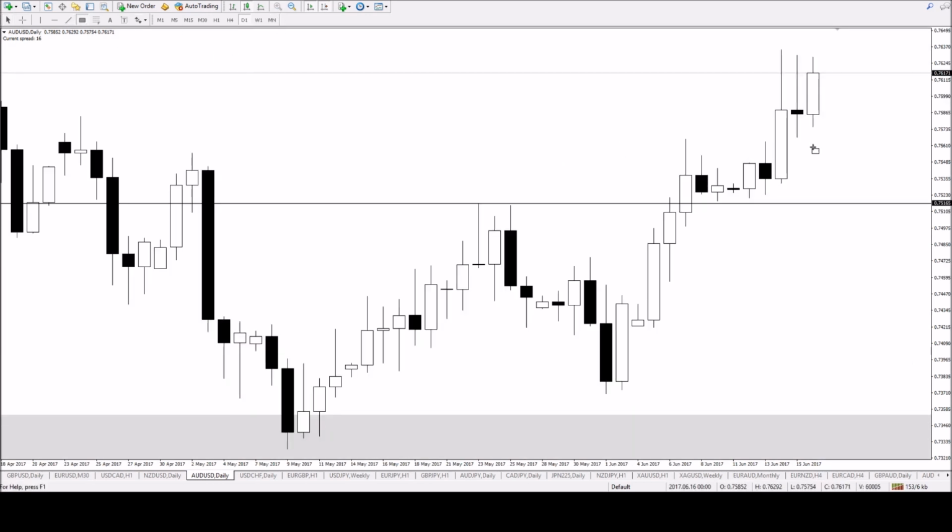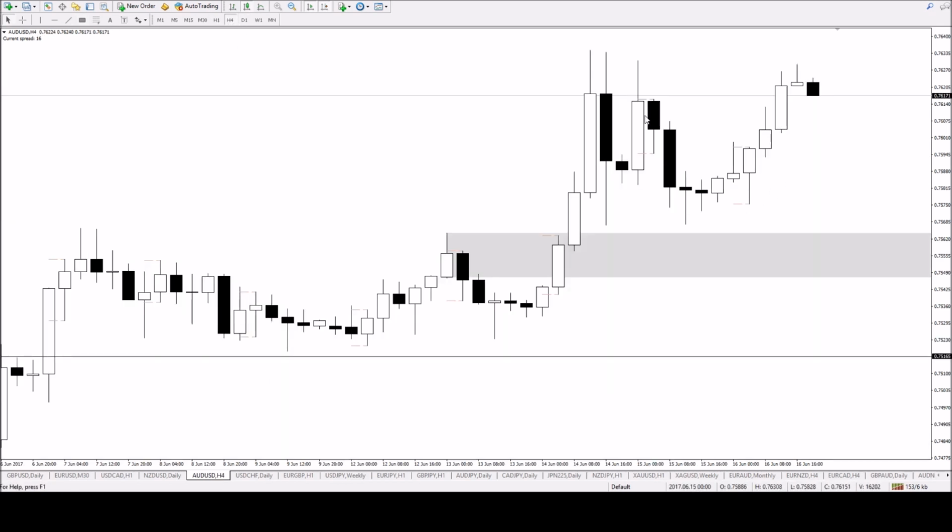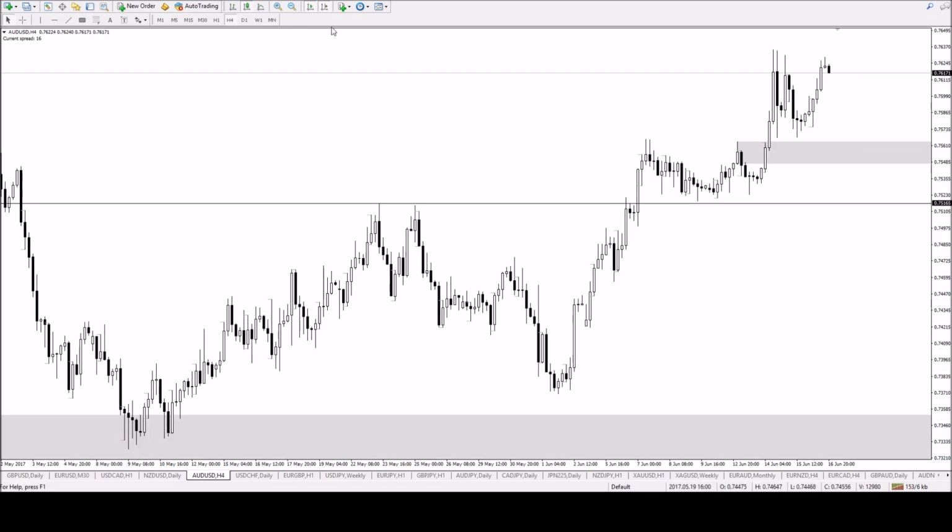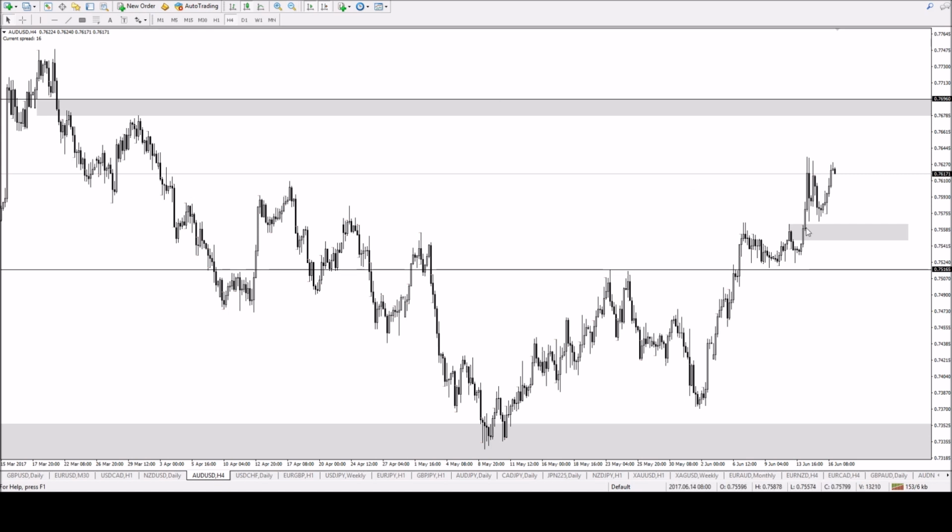So if I mark this out, where did this come in? This could be one of those pairs that just takes out from the open. Ideally I want to see a stop raid before the next leg up, because this has been quite strong. There's two scenarios for this. Ideally, either it comes into here, drops down, takes out this stop here, and then rips up.